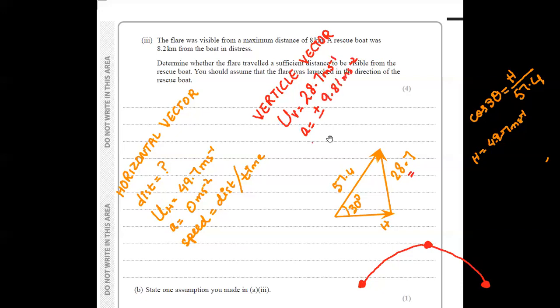We know that the velocity at the top, at the maximum height, is going to be equal to 0 meters per second. We know that the height they gave us in the question was 42. We need to use all of this information to calculate the time. Once I have the time, I can put it back in the formula, speed is equal to distance over time, and finish up my question.